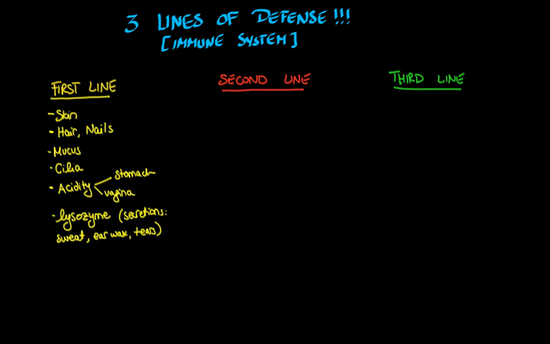So next up, let's go ahead and look at what falls under the second line of defense. So here you want to think more along the lines of cellular components. So the cells that are responsible to protect you, such as macrophages, such as some of your white blood cells, so neutrophils.